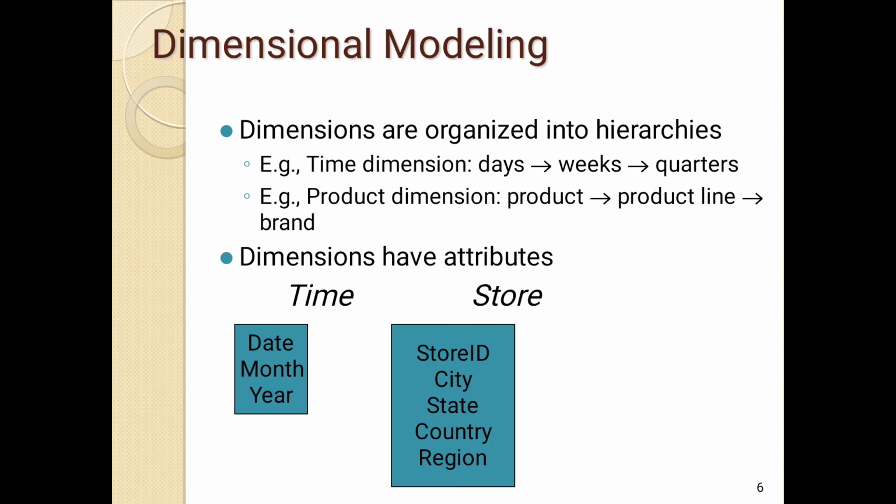Where your store is located, that is important, right? So we are considering store city, state, country, region. Also you can include a store branch. Under which branch, so branch name also you can include. You can include more attributes, right?